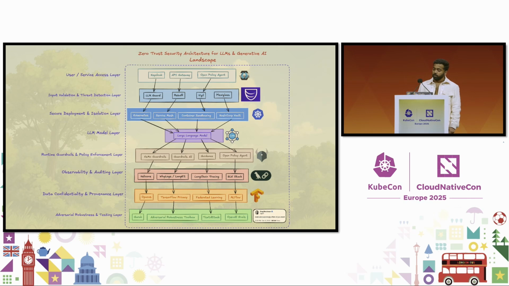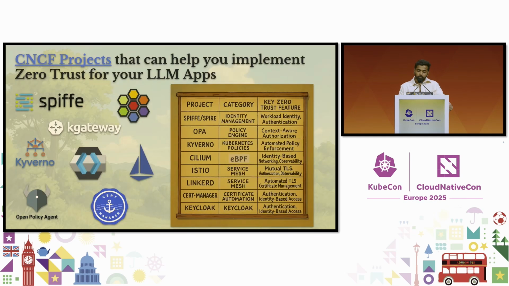Then observability: many people use LangChain tracing here, as well as LangKit, which is famous. I have also seen examples where ELK and Helicone are used. It allows you to monitor cost and latency for your system.